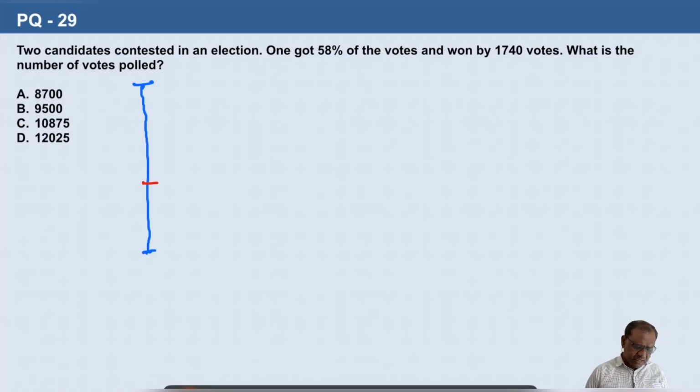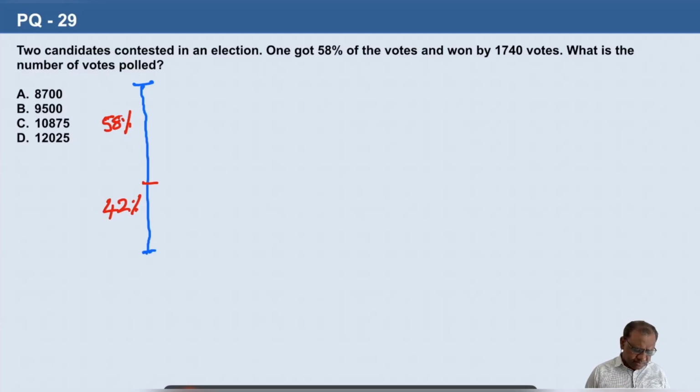One candidate got 58%. This is the winning candidate, and the other candidate will obviously get 42%, 100 minus 58. The losing candidate gets 42% of votes.